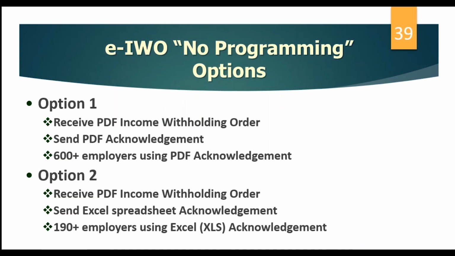You have to look at the 2 options and decide what works best for your organization and your workflow and your volume. If you decide on option 1, acknowledgement, which is the PDF, and after using the system for a couple of weeks or a month, you decide, you know what, Excel might work better for our workflow, you just simply contact us, and we can switch you from the PDF acknowledgement to the Excel acknowledgement pretty quickly.